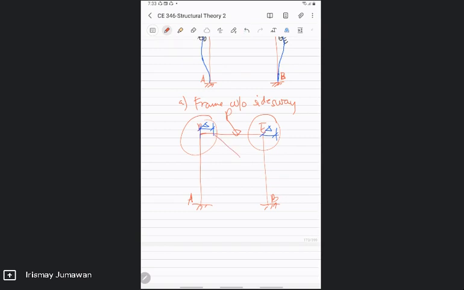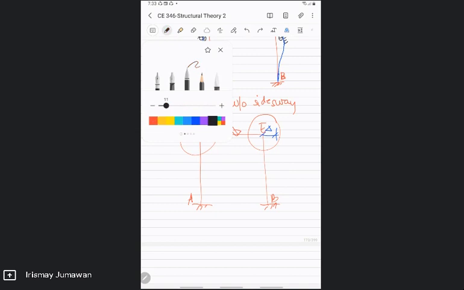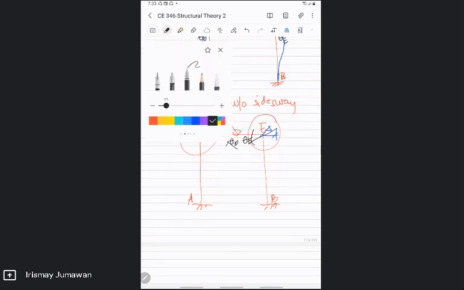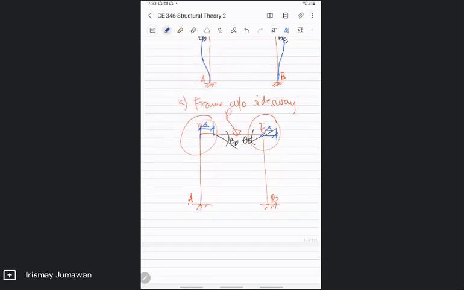So here, it can rotate. That will be the rotation of your D. And this will also be the rotation of your joint E. In that case, since this is not free for rotation, your elastic curve will be like this.